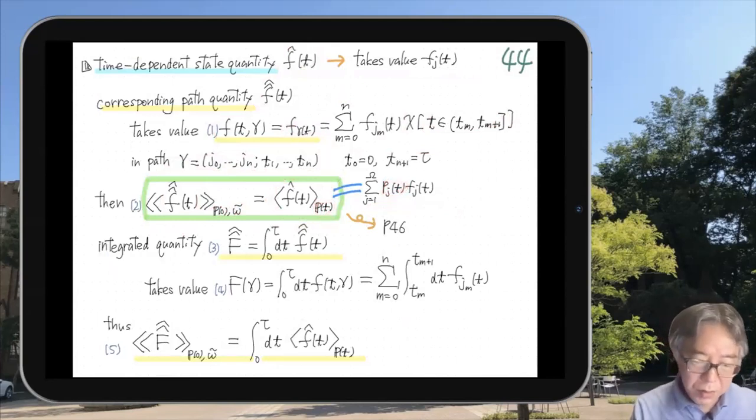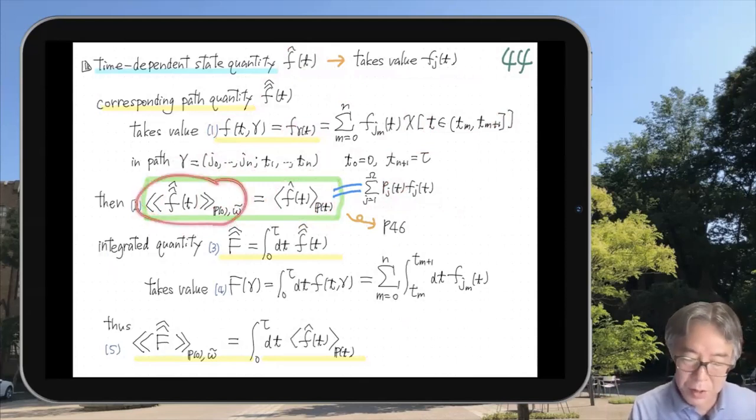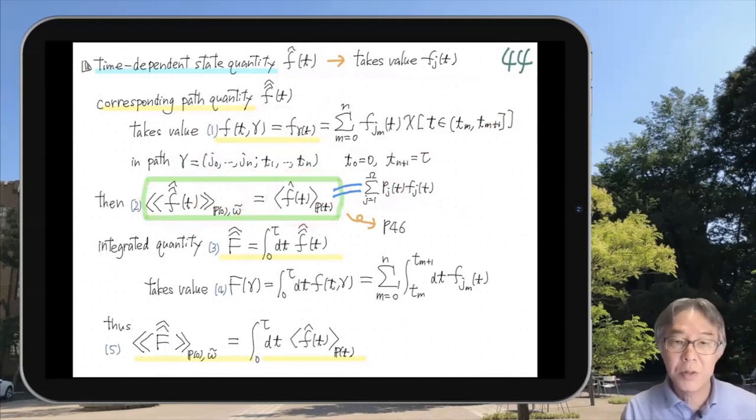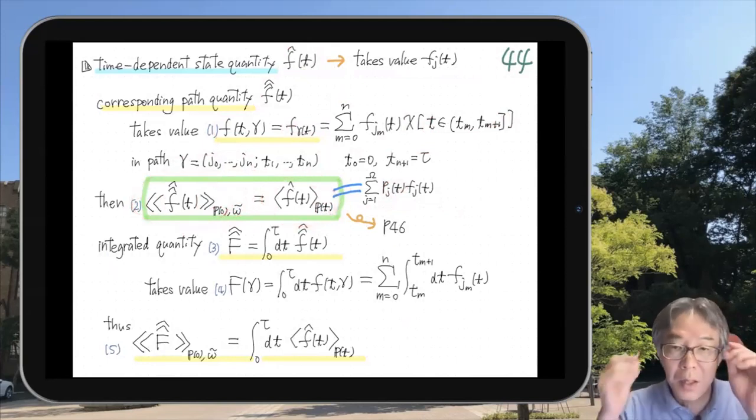So on the left-hand side we have a path description, and on the right-hand side we have the master equation description.